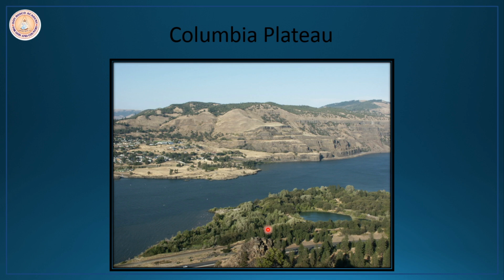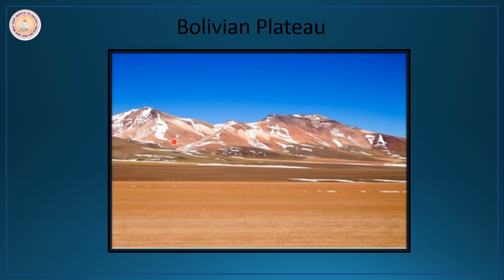Plateaus are of great importance to us, though they are having an arid climate and support very few habitation.